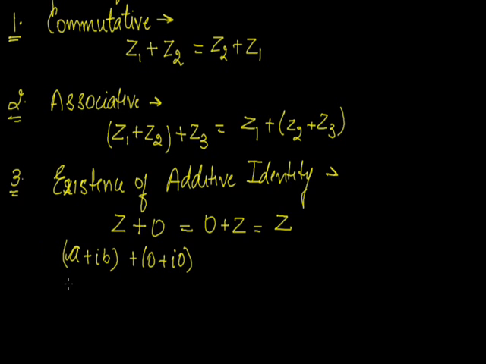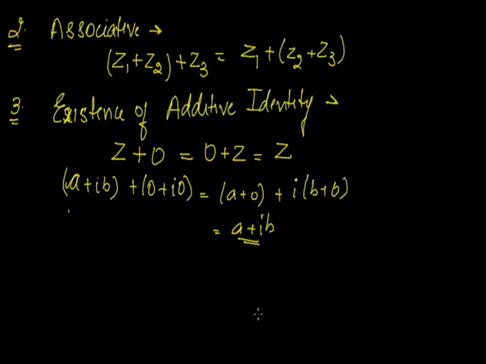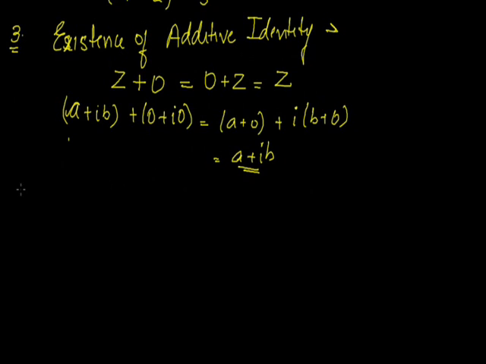This can be written as a plus 0 and iota b plus 0. That will again give a plus iota b only. So if we add 0 to any complex number, we get the same complex number, or if we add any complex number to 0, then also we get the same complex number.